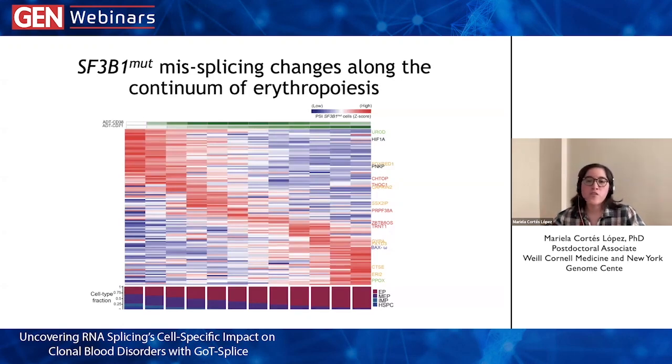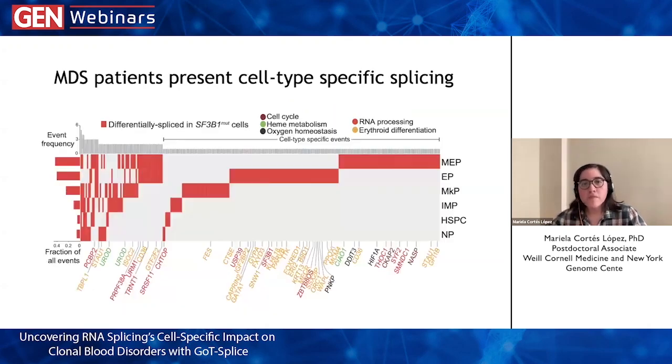different patterns of the splicing of particular genes, some of those genes being more involved with processes that are critical for hematopoietic cells and erythroprogenitors, such as the heme metabolism, or also the development of the erythroprogenitors. And more interestingly, we can also observe certain isoforms that are only specific for certain cell types.